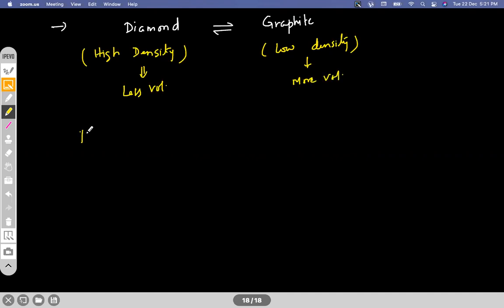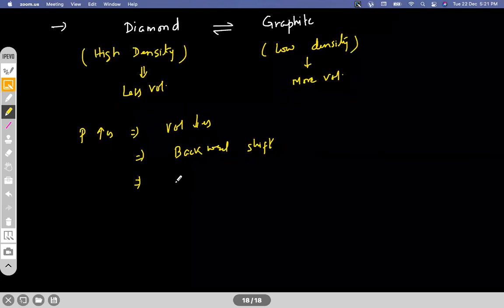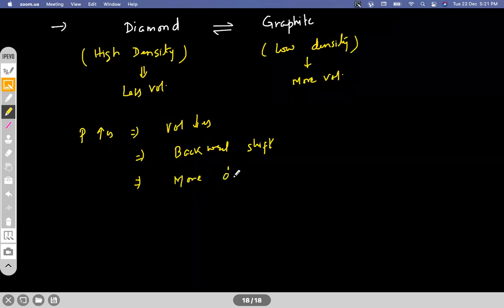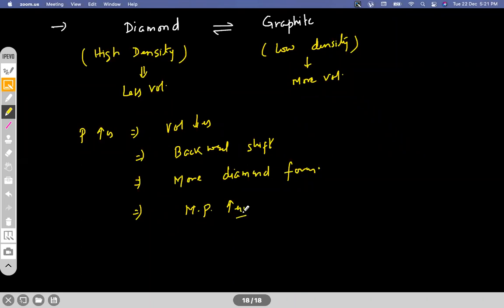So as pressure increases, volume decreases, means backward shift. Means more diamond forms here. Right? Melting point also increases. This is a normal compound, so we know as pressure increases, melting point increases.